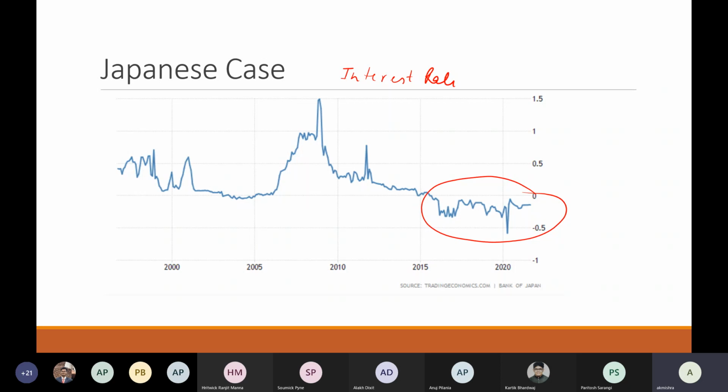So keep in mind that it is not always the case that interest rate is positive. It can be negative, and we have several such examples. So we will be coming back and seeing similar examples.